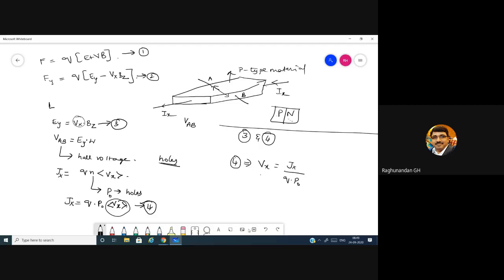Now let us take this as equation 5. If I substitute equation 5 in 3, I'll get Ey is equal to Jx divided by Q into P naught into Vz.